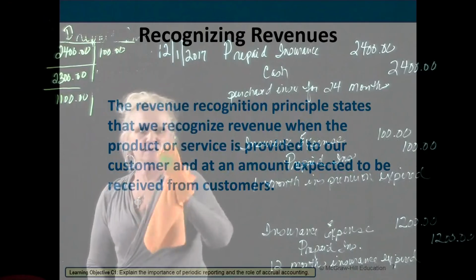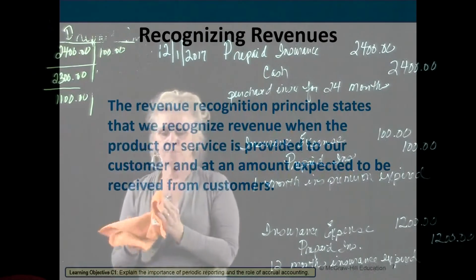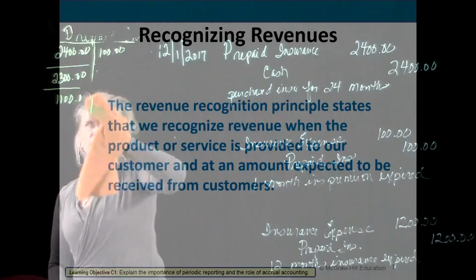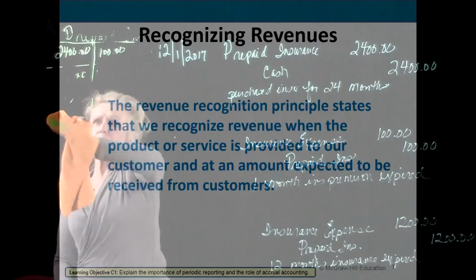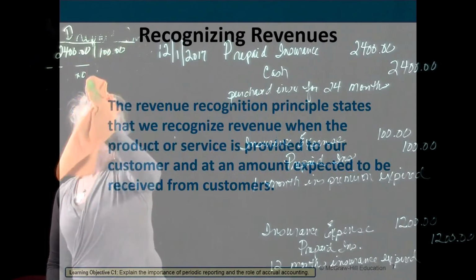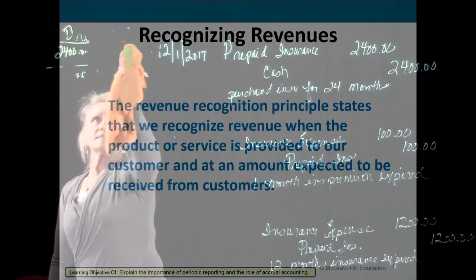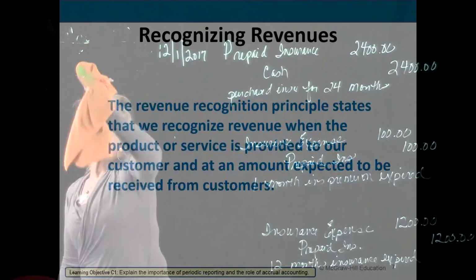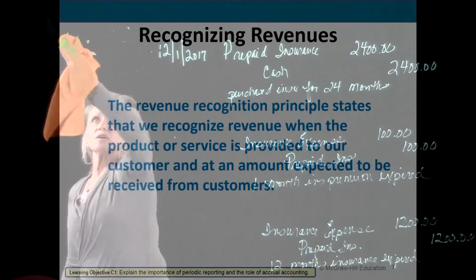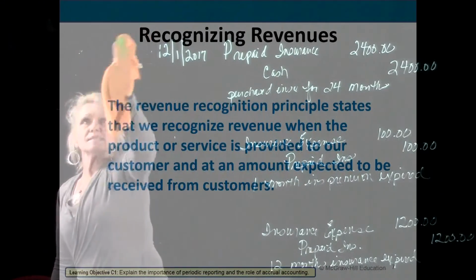I just showed you an expense one. But if we go back to our principles, chapter 1 talked about the 4 principles, and one of them was revenue recognition, and it says that we recognize revenue in the period in which we earn it, not necessarily in which we receive it.